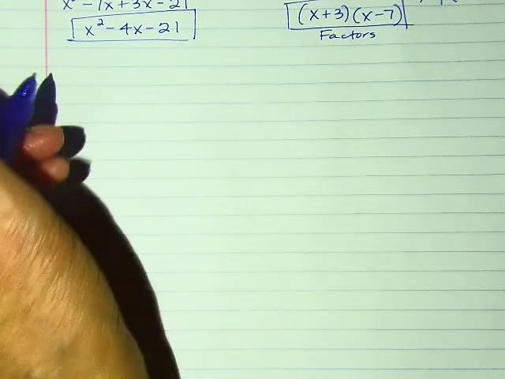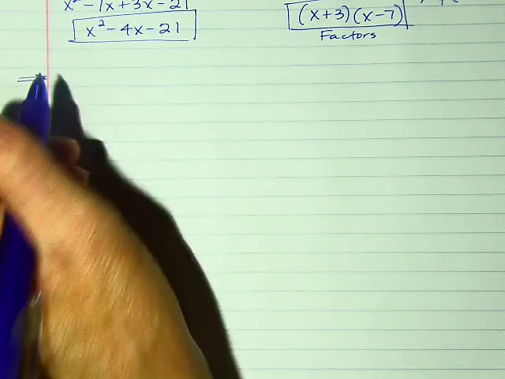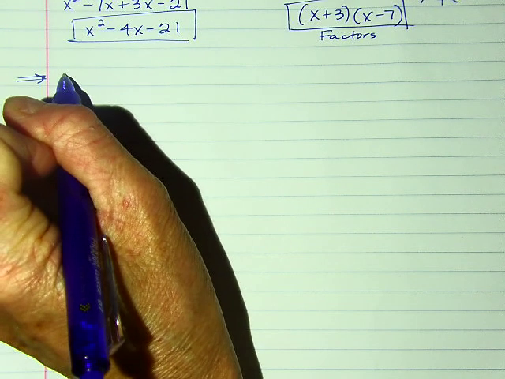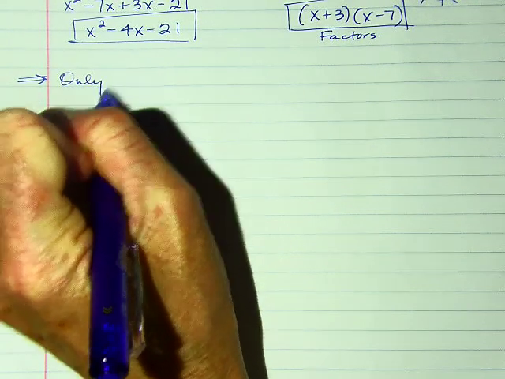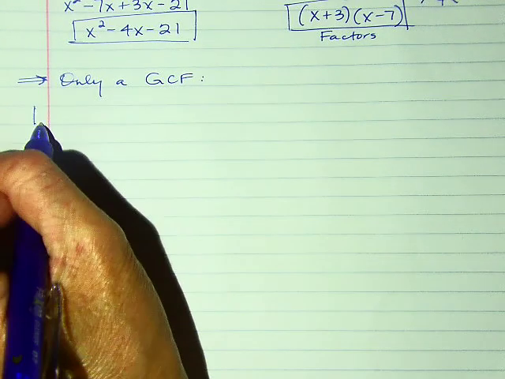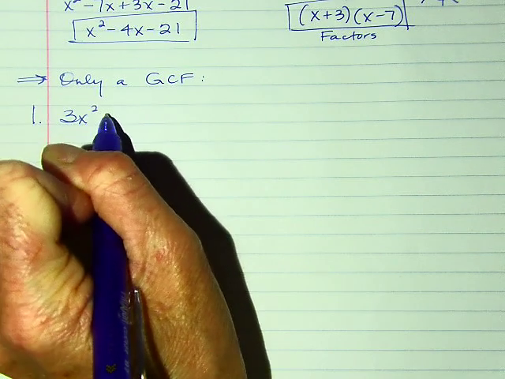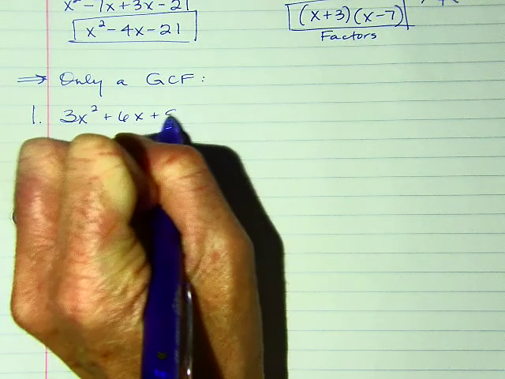Okay, so I'm going to go over two different methods, but I want to start with the different kinds. So I'm going to start with types that have only a GCF. And so, for example, number 1, factor 3x squared plus 6x plus 9.